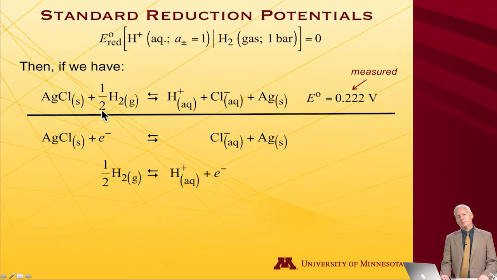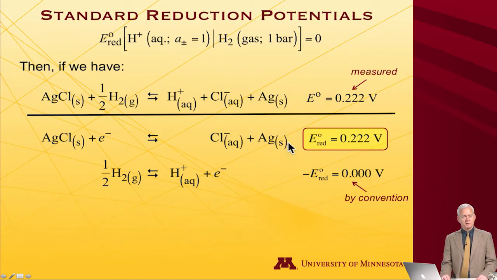Now I think about this full cell as having come from, well, here's the hydrogen electrode hiding in here. It's actually reversed, right? The hydrogen is being oxidized, but that's okay because if the reduction potential is 0, then the oxidation potential is -0, and that's still 0. So by convention, the oxidation potential is minus the reduction potential, which is 0.